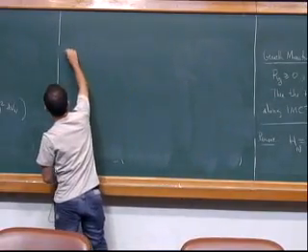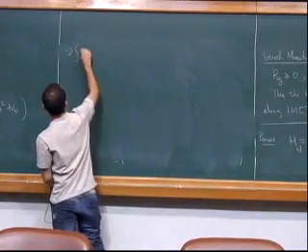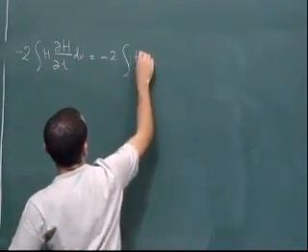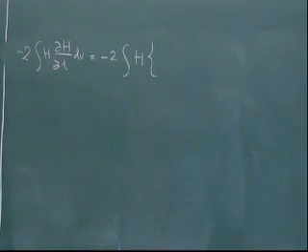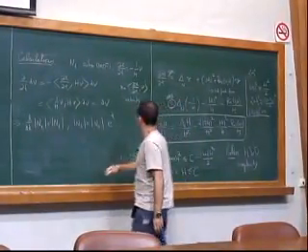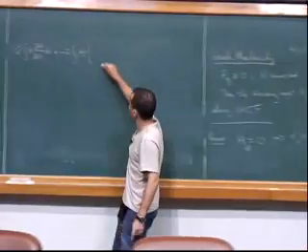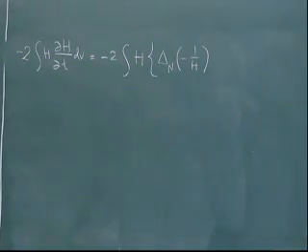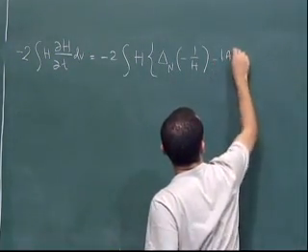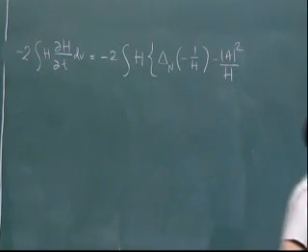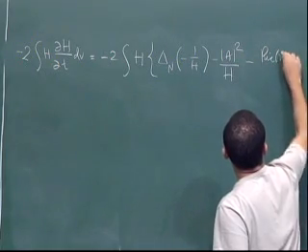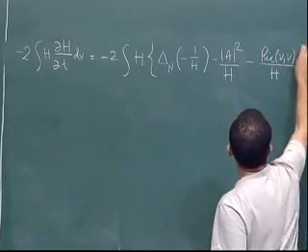So if I look at minus 2 integral of H dH/dt, dH/dt I have computed here. So let me use this. Okay, the Laplacian of minus 1 over H, minus |A| squared divided by H and minus Ricci divided by H. Is that correct?